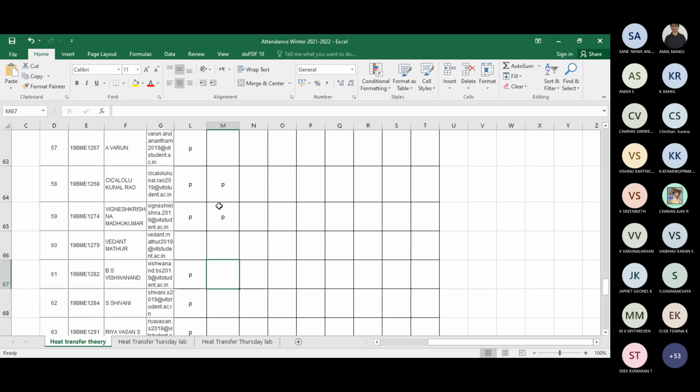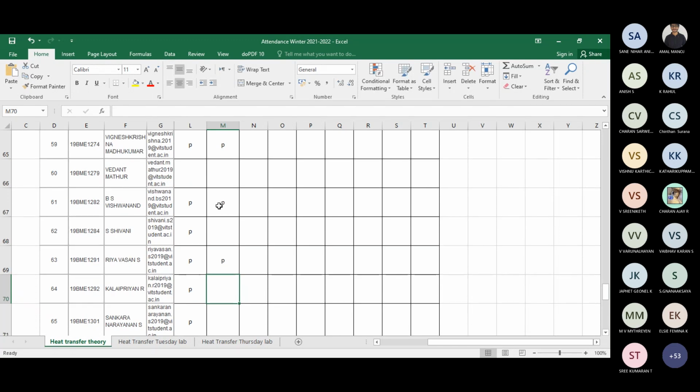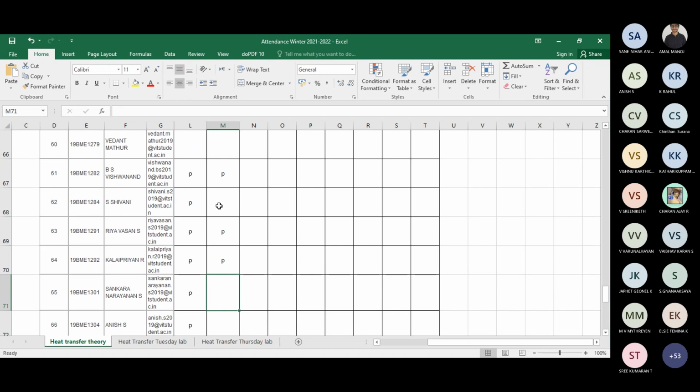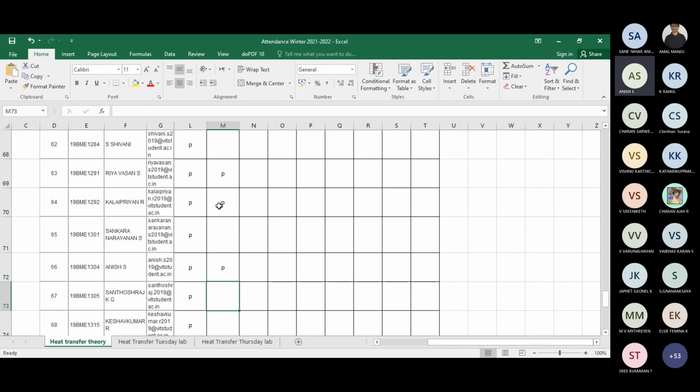Anand, present, sir. Priya Vasan, present, sir. Kalai Priyan, present, sir. Anish, present, sir. Santosh Raj, yes, sir.